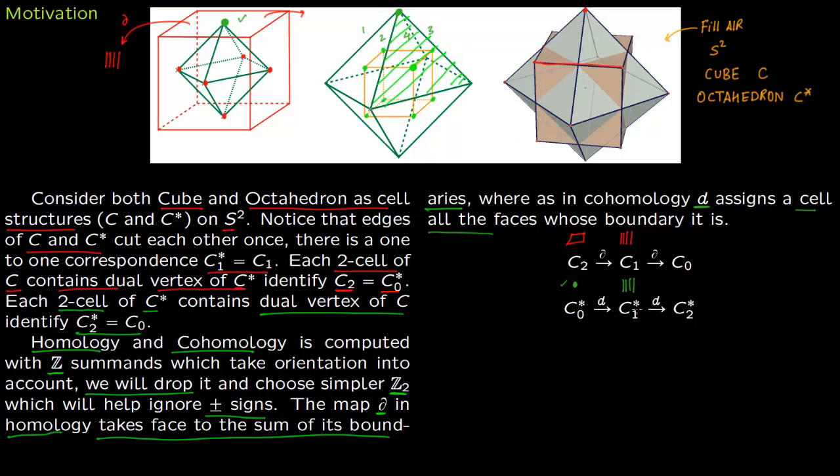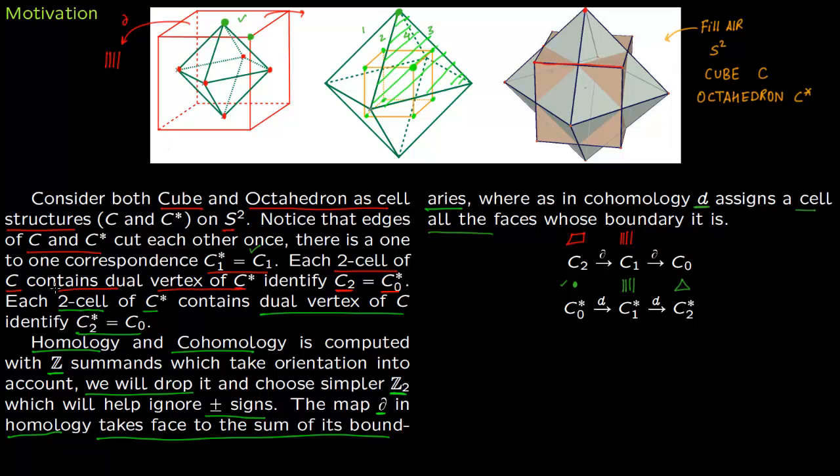Anyway, we have shown C1 and C1 star are in one-to-one correspondence right here. Finally, to these 4 edges you're going to assign a triangle face. And to these 4 edges you're going to assign these vertices.